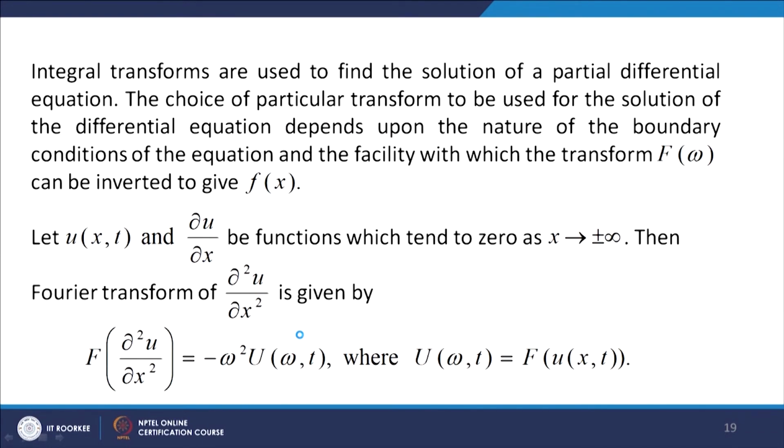So the Fourier transform of u_xx is equal to 1 over root 2 pi, integral over minus infinity to infinity of u_xx e to the power minus i omega x dx. Okay. So when we integrate by parts, what do we get?